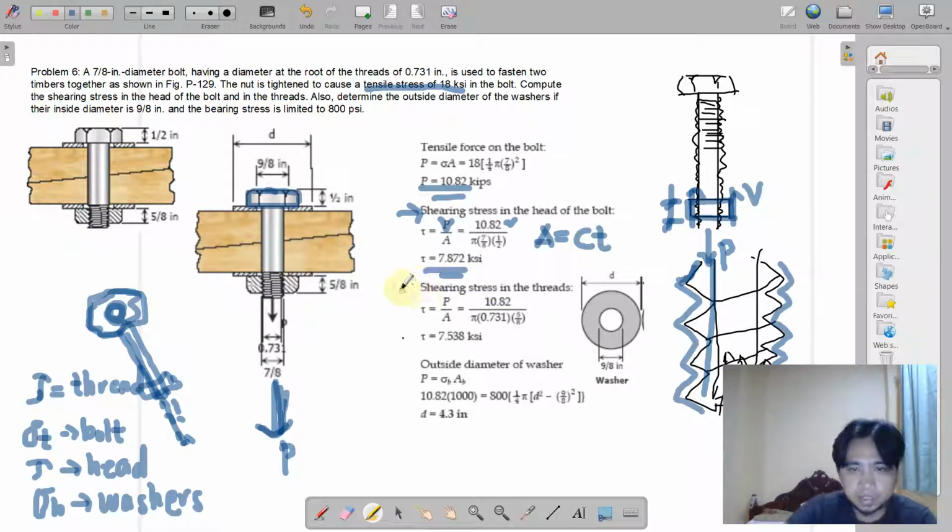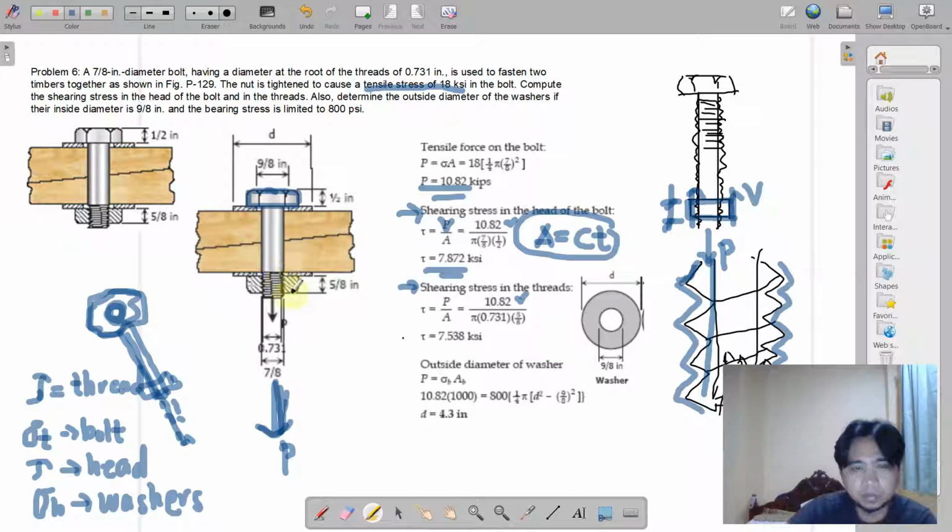So for the shearing stress in the threads, we will use the same shear force, and the shear area is pi d times thickness, similar to this, or circumference times thickness, this time on the root of the thread.